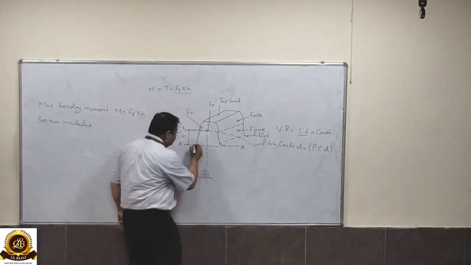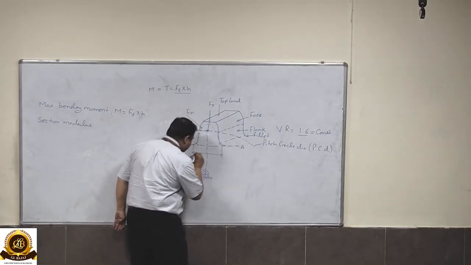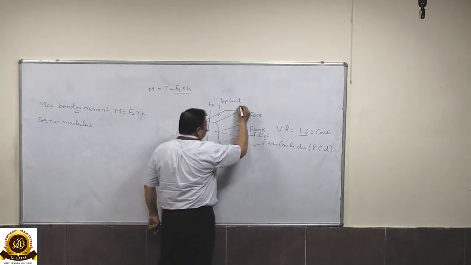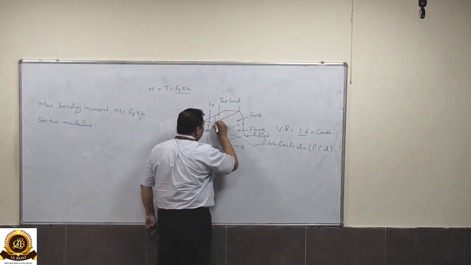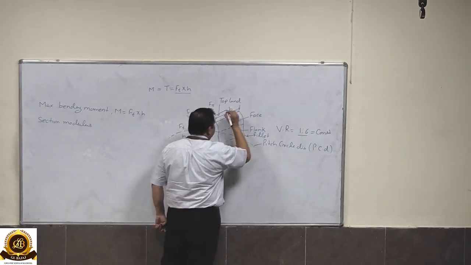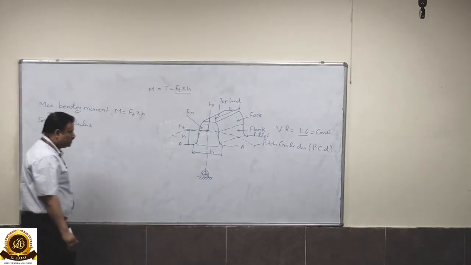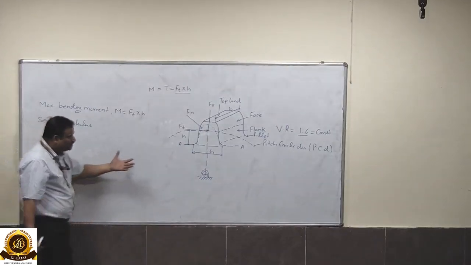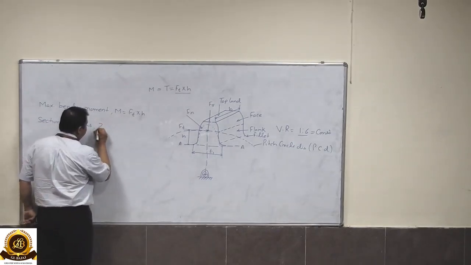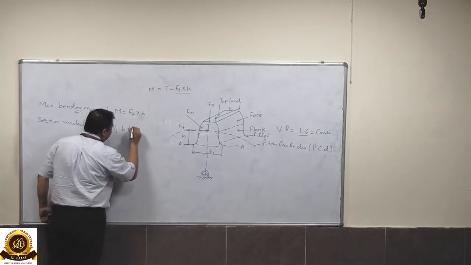Suppose the thickness of the tooth at the root is T1, and the width of the tooth, which is constant from top to bottom, is B. This is called the face width. So the cross section will be B into T1. Therefore the section modulus of this cross section Z equals 1 by 6 into B into T1 square.